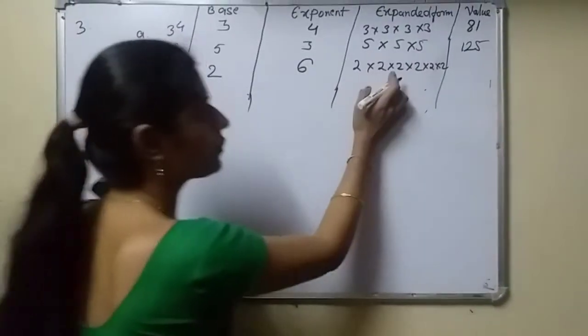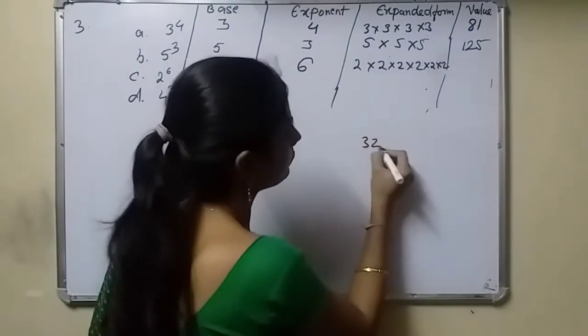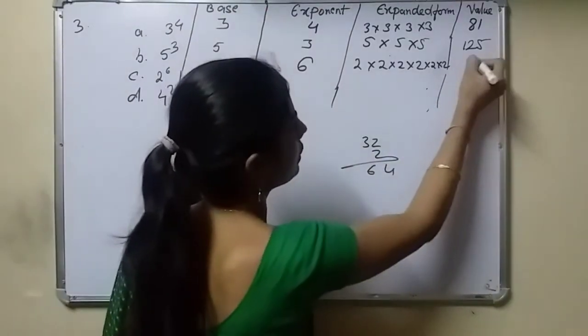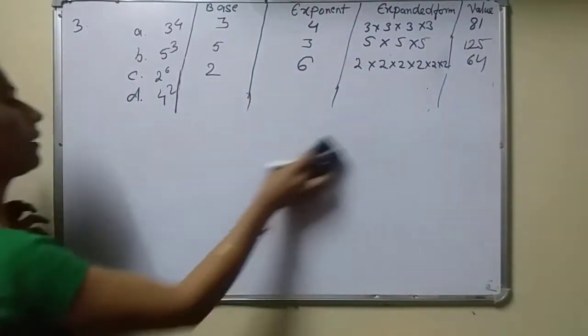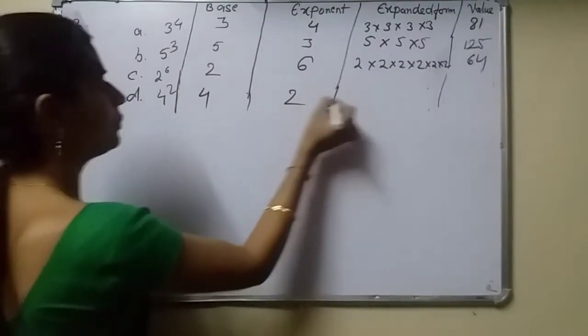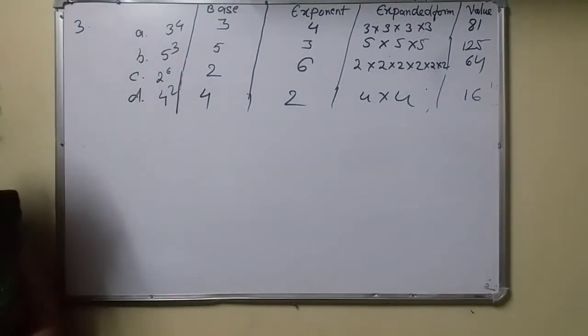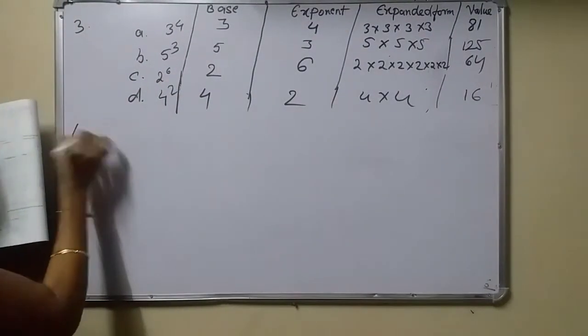Now 2 2s are 4, 4 2s are 8, 8 2s are 16, 16 2s are 32, 32 2s are 64. Okay. Now see 4 squared: 4 into 4 is 16.